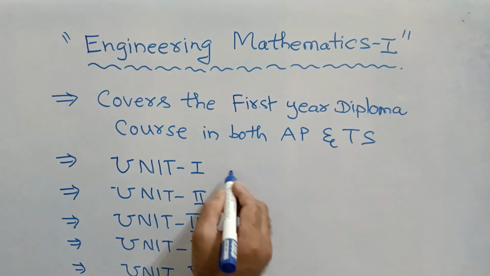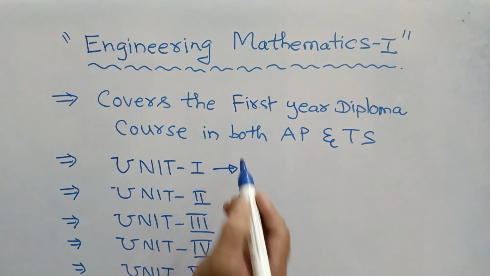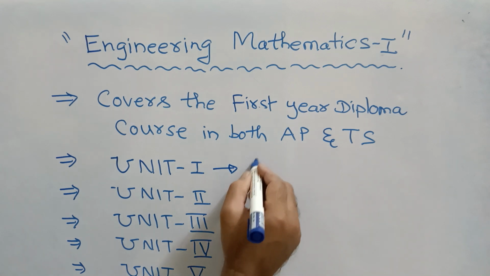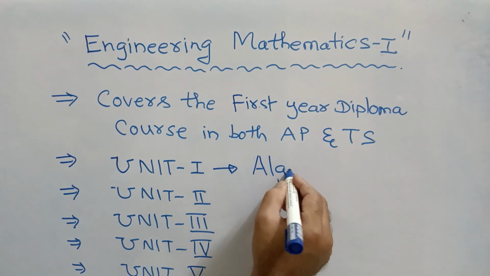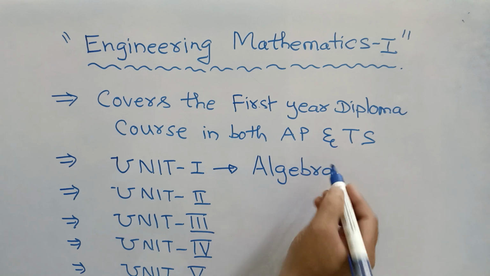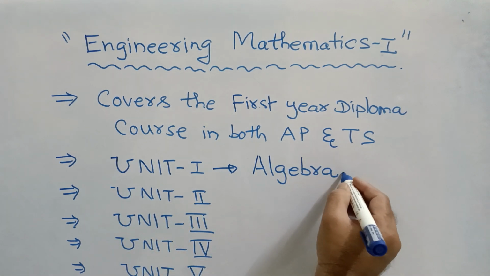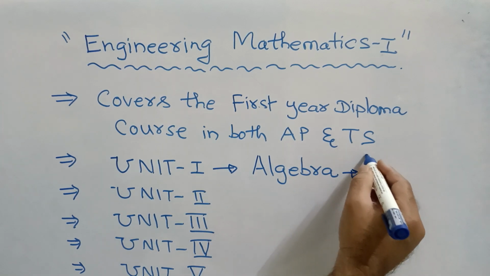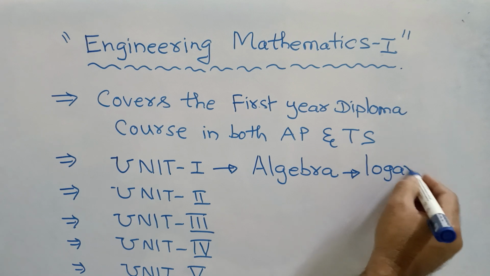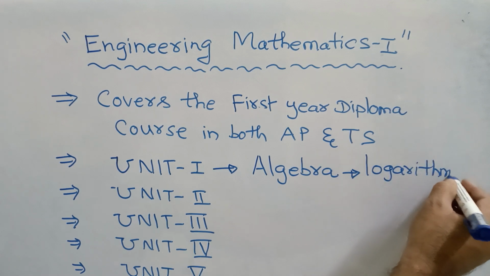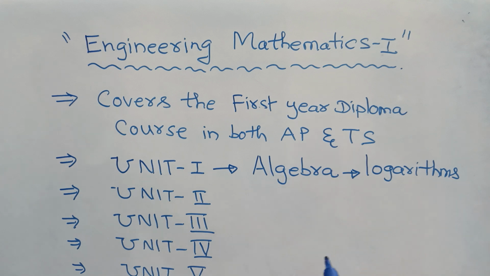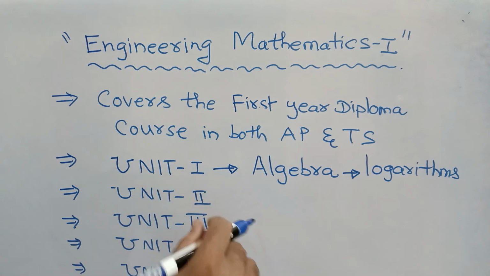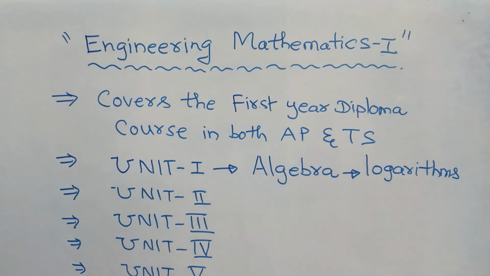I will briefly explain what unit 1 covers. This unit 1 covers, basically, algebra. The first unit covers functions and the relations of the functions, as well as the logarithms, the different properties and rules of the logarithms, and how a function relates with these logarithms.